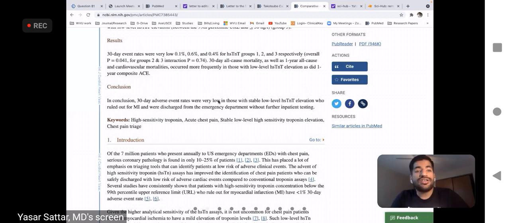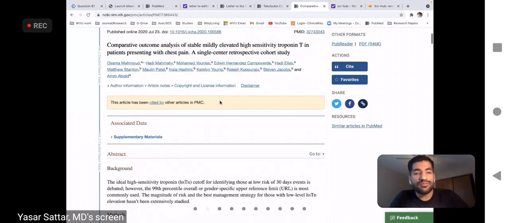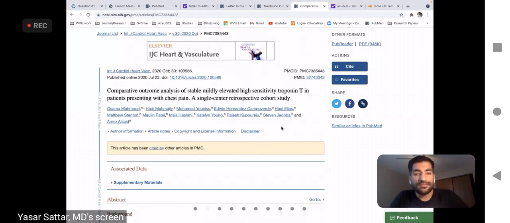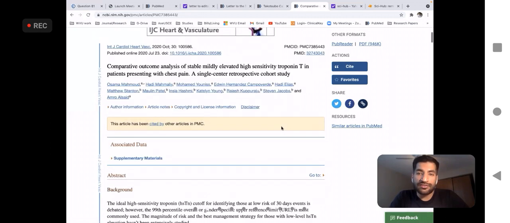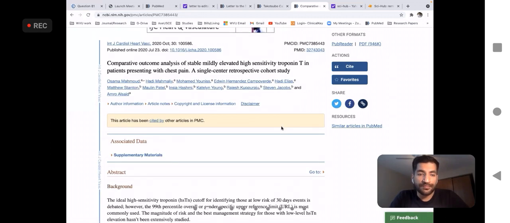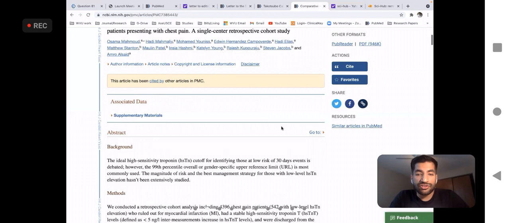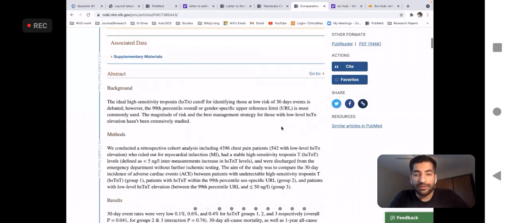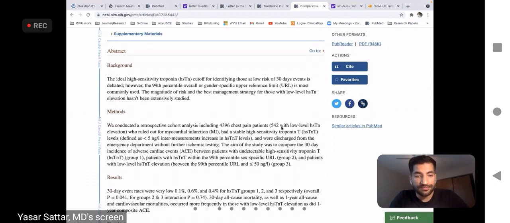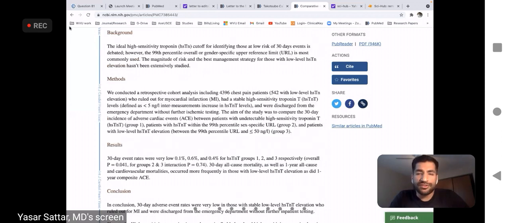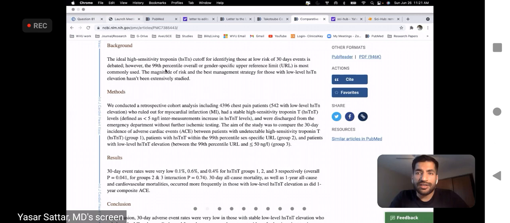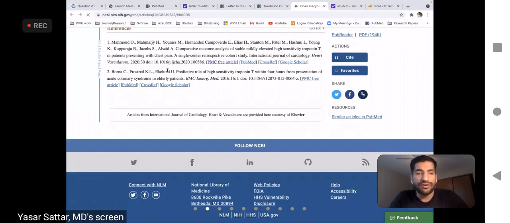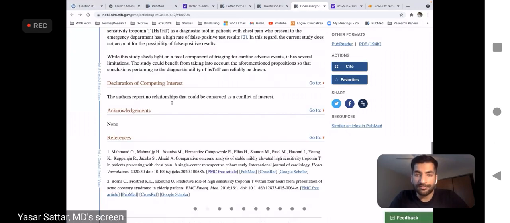So in this study, bottom line, they took people who had chest pain and mildly elevated high-sensitivity troponin, and then they actually talked about people who have coronary heart disease. When I read this paper, I found a couple of deficiencies, and then I asked them a clinical question in the form of a letter to the editor.